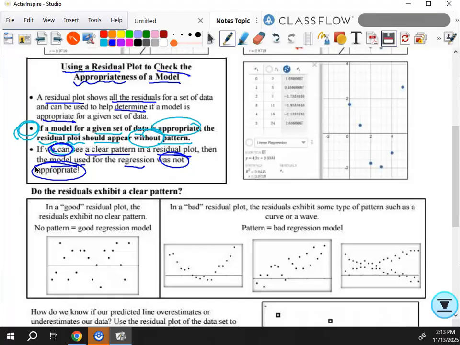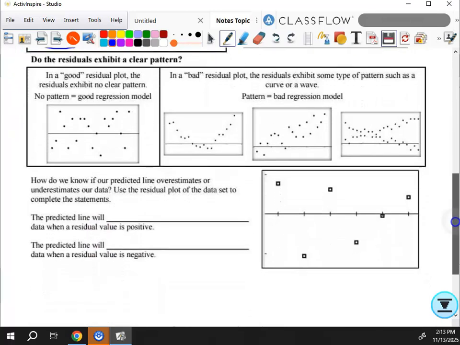Okay. I would expect at least one of the questions that you see to look like maybe these four would be your answer choices, and it asks you something like which one would be a good regression model. So here we have, in a good residual plot, residuals exhibit no clear pattern. No pattern equals good regression model.